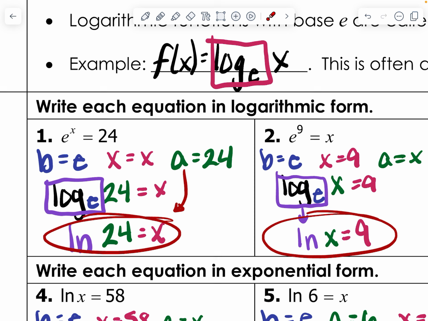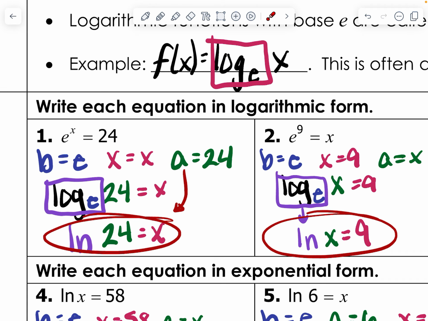In number 2, we have the base is e, my exponent is 9, so x is 9, and then a is x. So I have log base b of a equals x. But again, we don't write log base e, we write it just as the natural log ln.